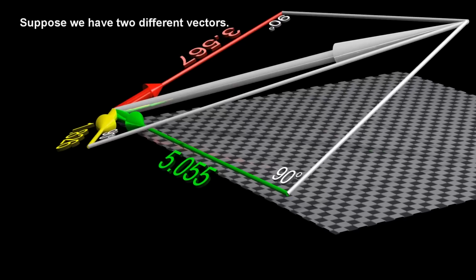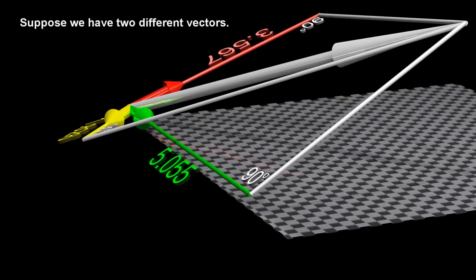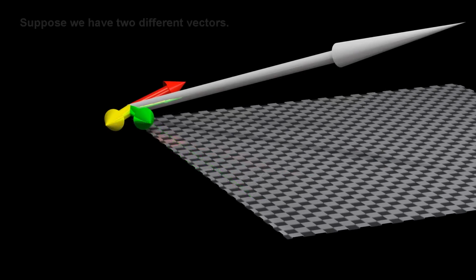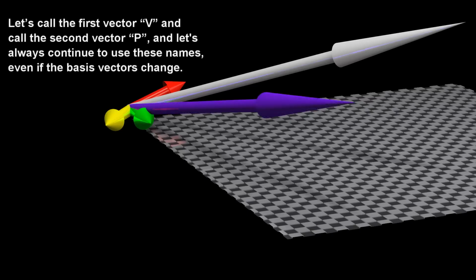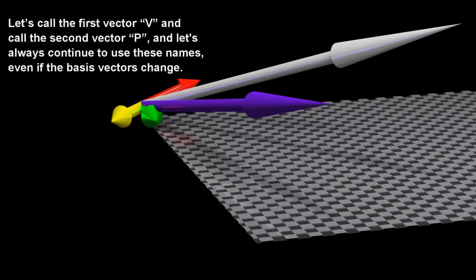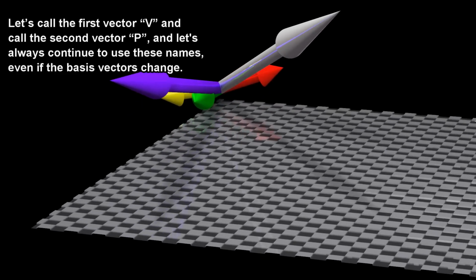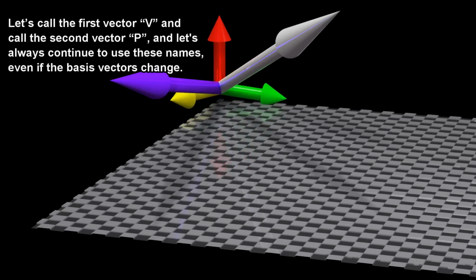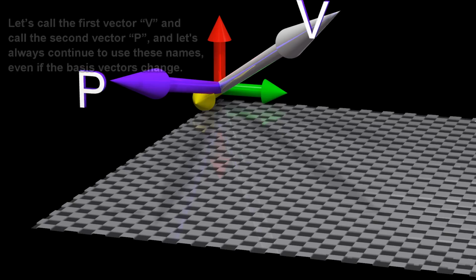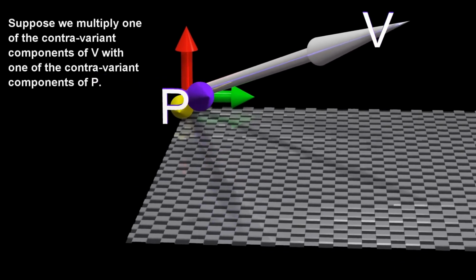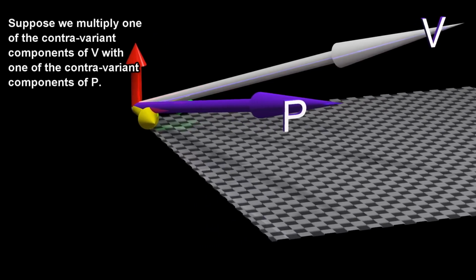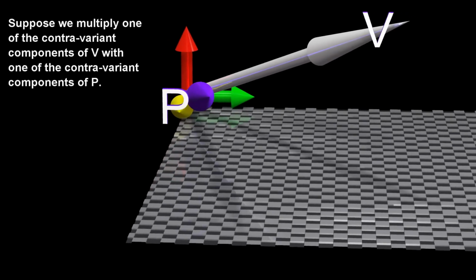Suppose we have 2 different vectors. Let's call the first vector v and the second vector p, and let's always continue to use these names even if the basis vectors change. Suppose we multiply one of the contravariant components of v with one of the contravariant components of p.